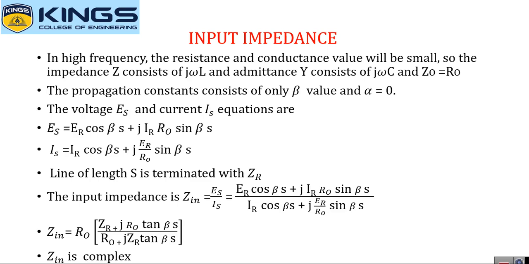The numerator becomes ZR cos beta S plus j R0 sin beta S, and the denominator becomes cos beta S plus j ZR sin beta S divided by R0, with R0 multiplied through.